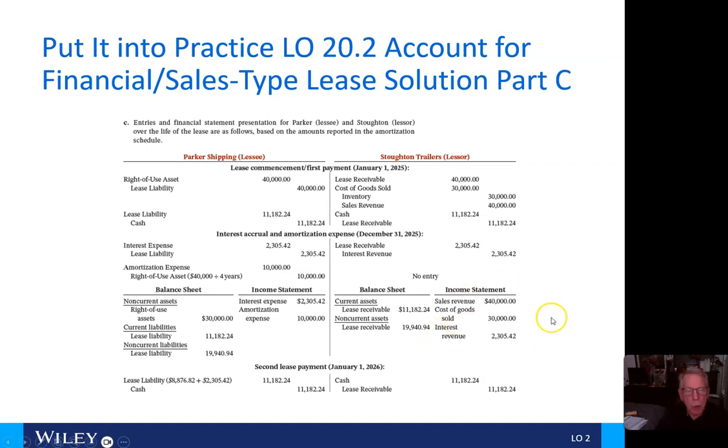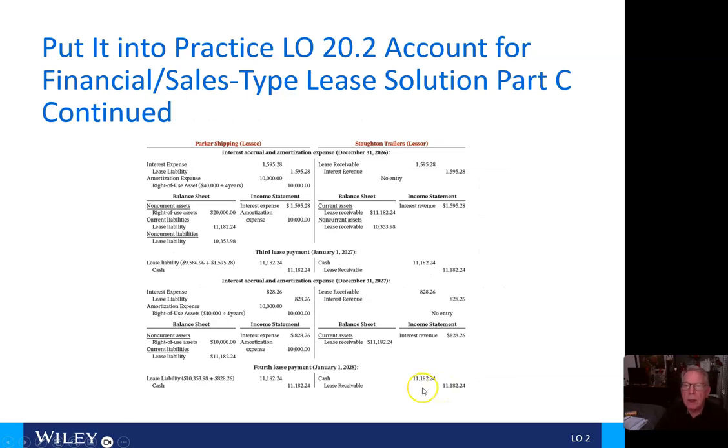And here they show what their balance sheet would look like and what their income statement would look like. And they show here the second lease payment with a debit to lease liability and a credit to cash, as we did up here. And the second lease payment would be similar to what we did here for Stroughton.